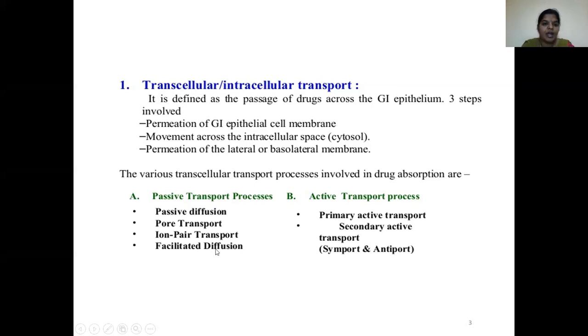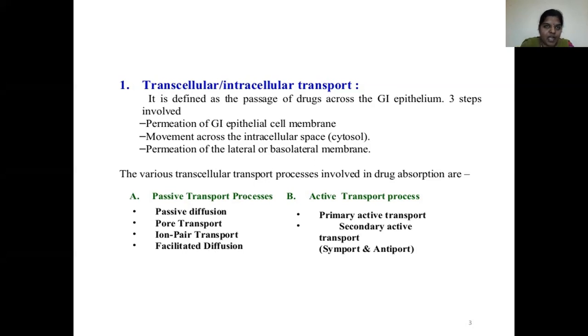See here, transcellular or intracellular, that is, this absorption mechanism is happening within the cell, intracellular. You have two types in that: passive transport and active transport processes.